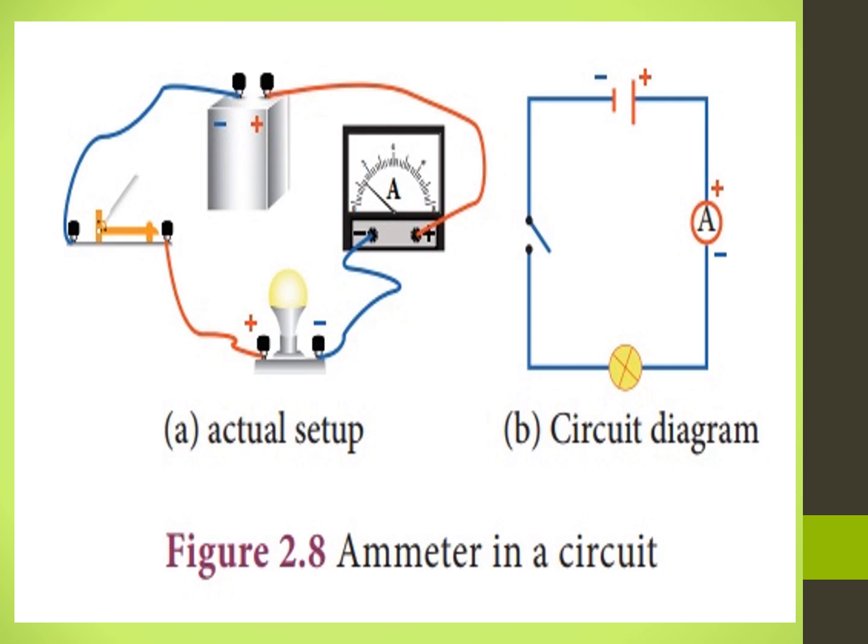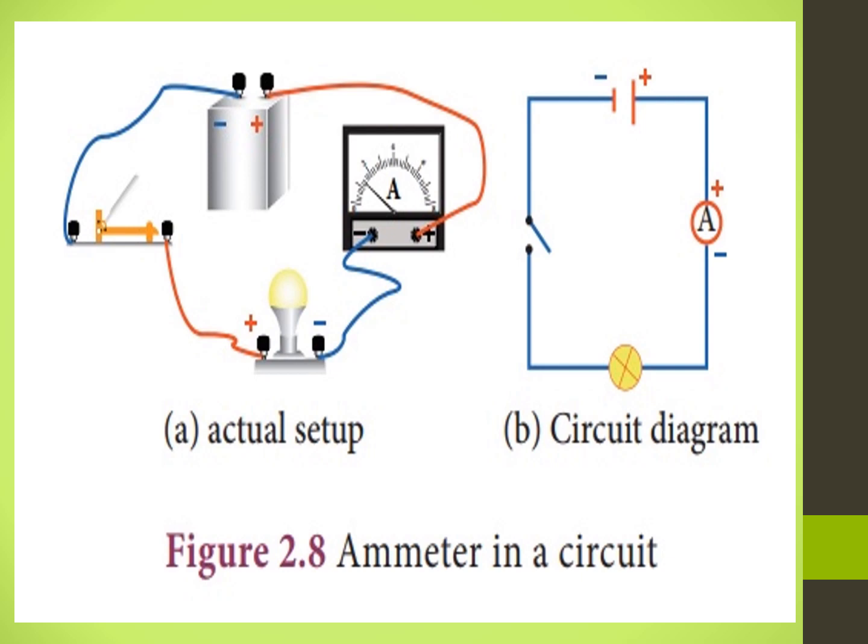I is 0.2. T here is 60 multiply 60, because 1 hour means 60 minutes, 60 minutes, 60 seconds, multiply 3600 seconds. 1 hour is 3600 seconds.